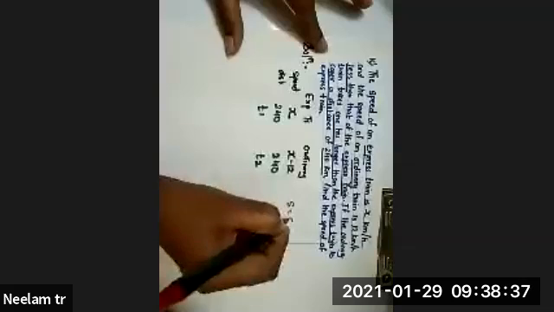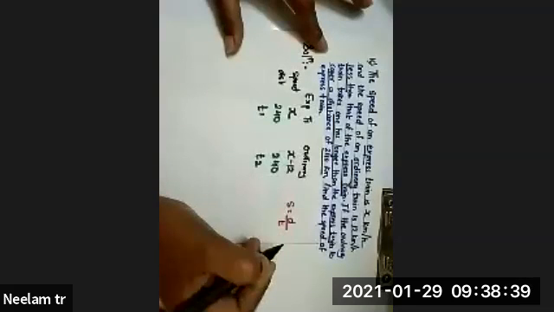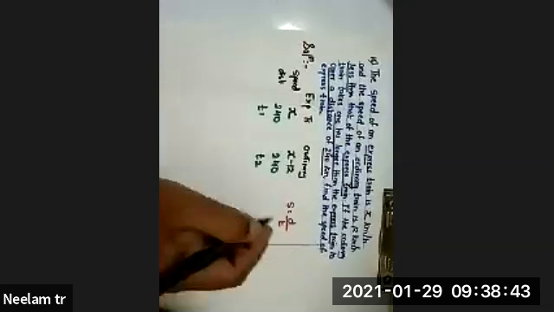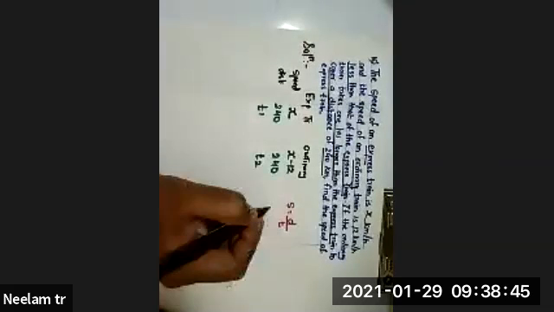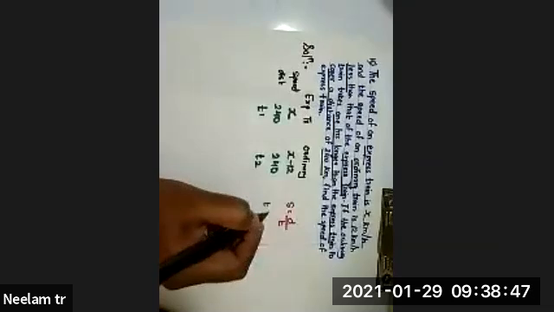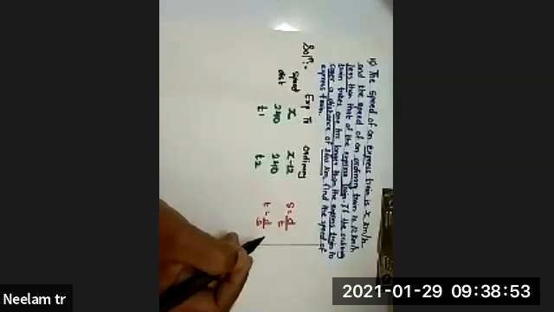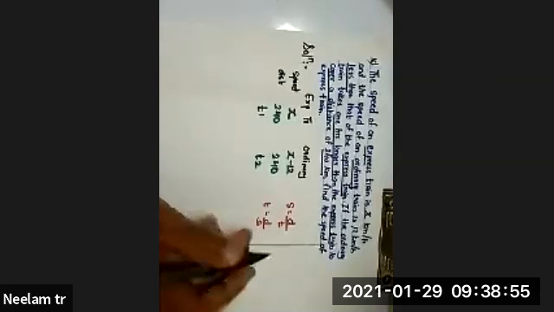Okay, so as you all know, the formula: speed is equal to distance upon time. But the time kitna ho jayega? The time will be distance upon speed. So what you are going to do?